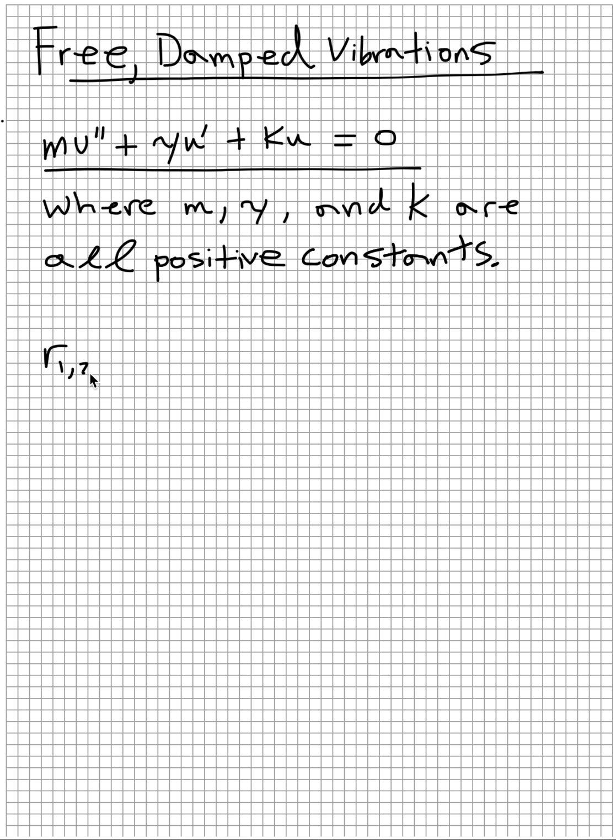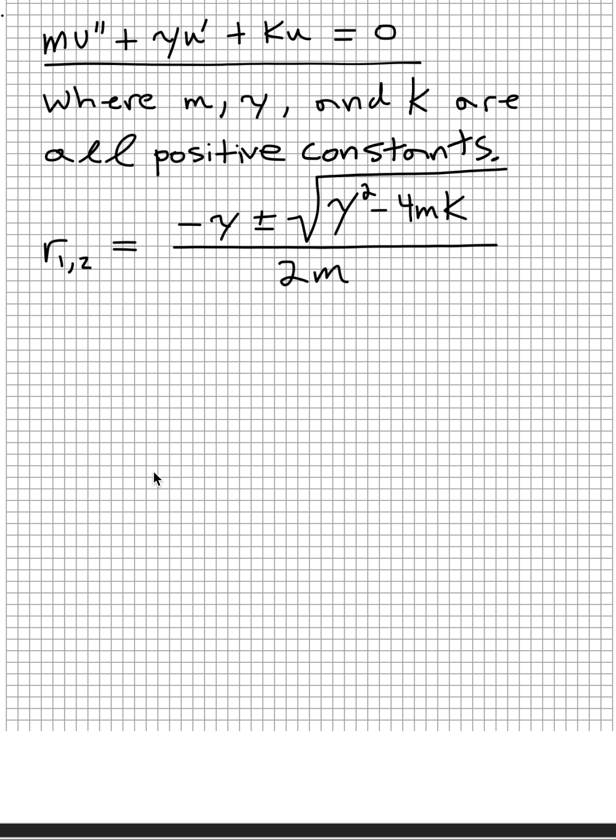So r1,2 is going to be set equal to negative gamma plus or minus the square root of gamma squared, okay, minus 4 times mk, all divided by 2m. All right, so that's what we end up having as our roots.